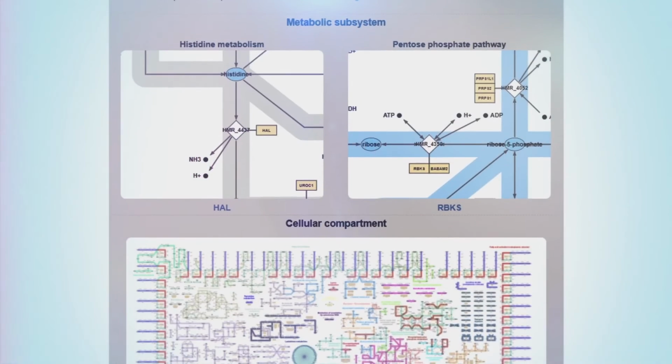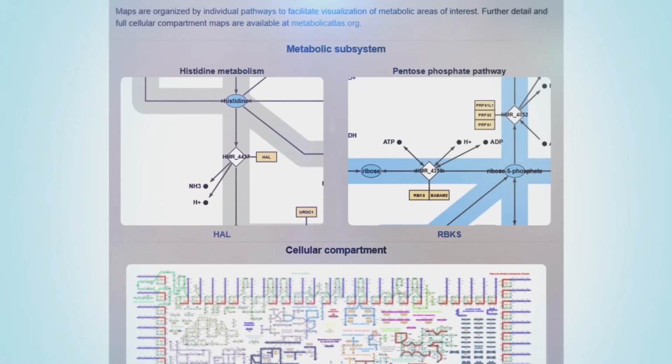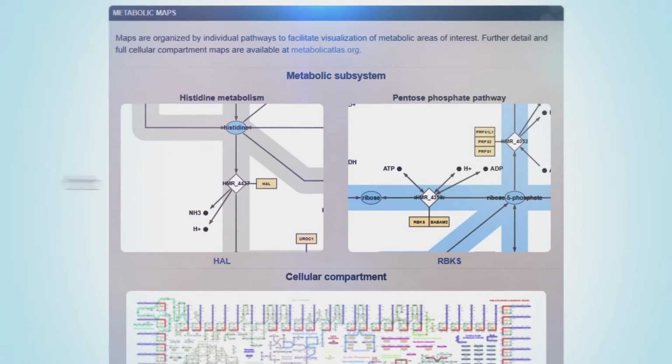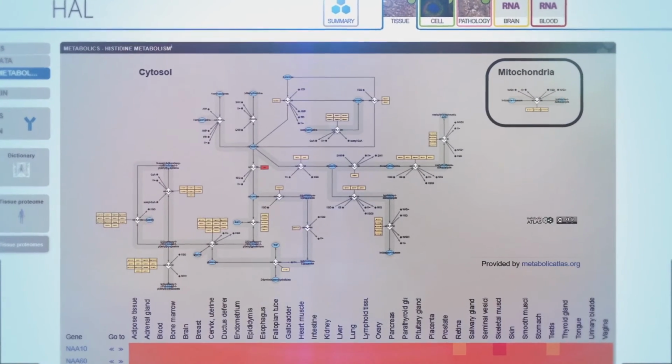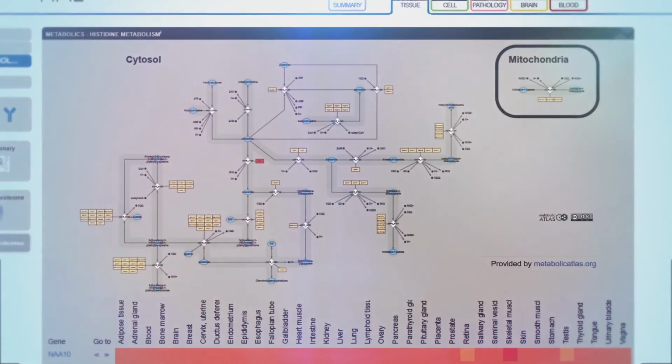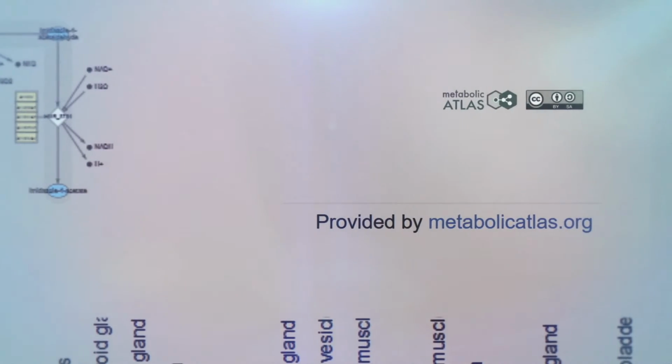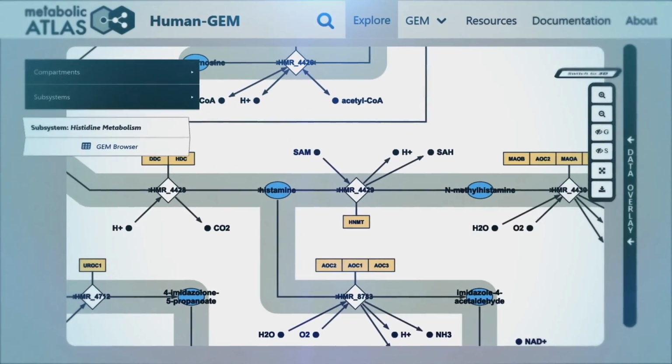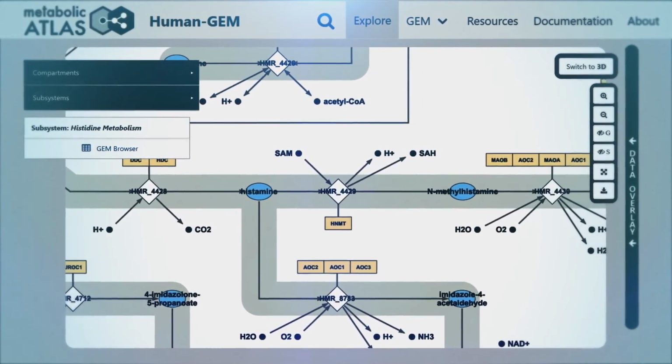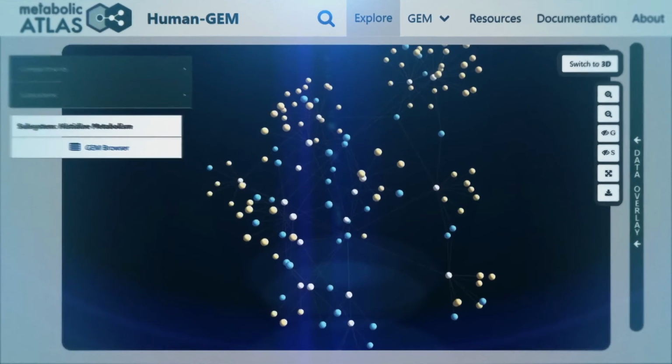The Metabolic Atlas explores the enzymes responsible for human biochemistry. A separate atlas has been created, and data from this mapping effort has been incorporated into the Tissue Atlas. Here, it's possible to study the enzymes not only in 2D, but also in 3D.